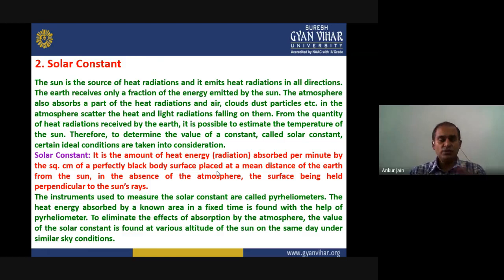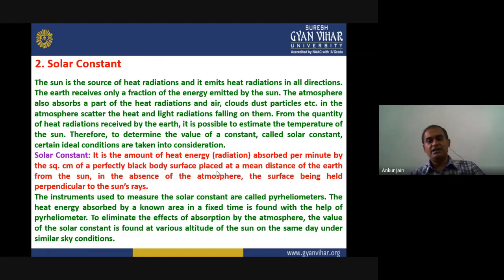So the radiation received by the earth is only maybe 40%, 50%, or 80% of the total, depending on the condition of the atmosphere. If there are a lot of clouds, the radiation amount will be reduced.